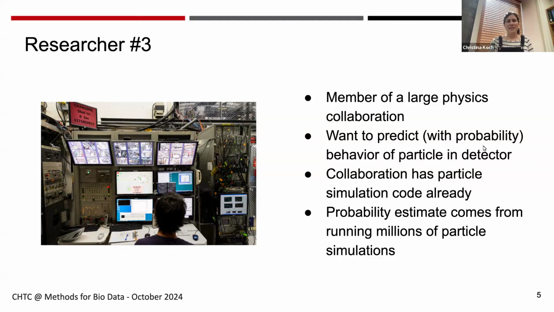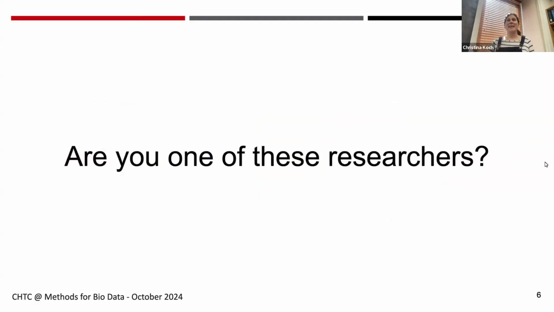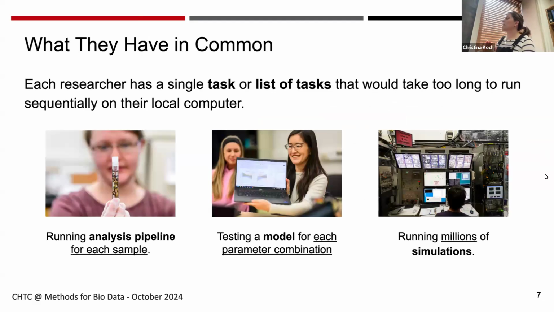Okay, so hopefully at least one of these examples resonated with each of you, where you've been in that situation of like, oh, I need to run 1 million simulations, or I have 50 samples, or 50,000 samples, or whatever the scale is for you. And I'm going to compare all of these hypothetical researchers and show what they have in common, which is they each have a task or list of tasks.